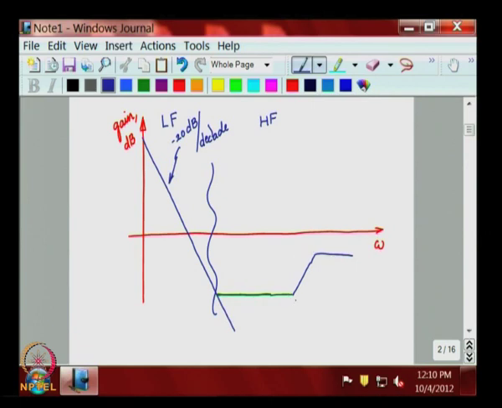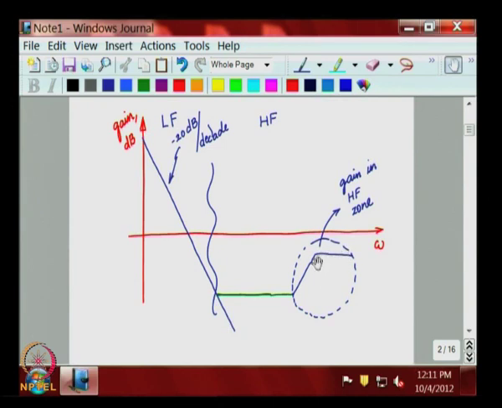Now, this introduction of gain increase in the high frequency zone is a dangerous zone in some sense, because this is where noise is predominant, and introducing the gain here is a bit dicey, and you will have to be very careful.